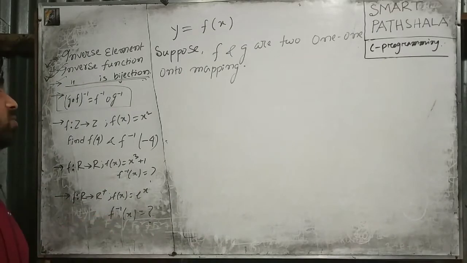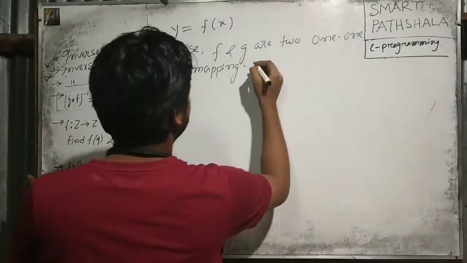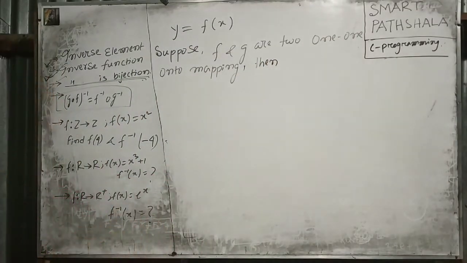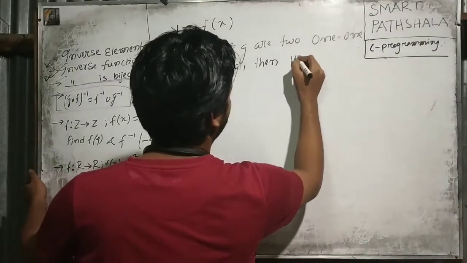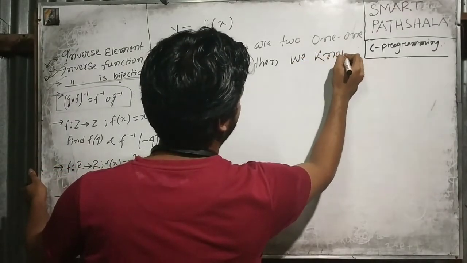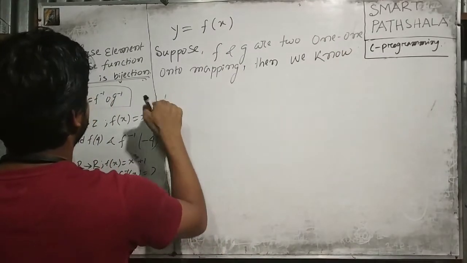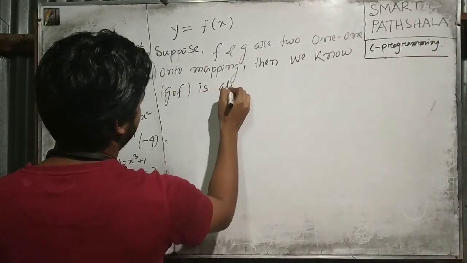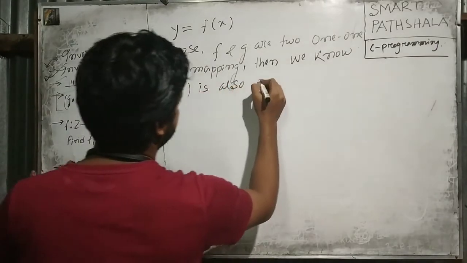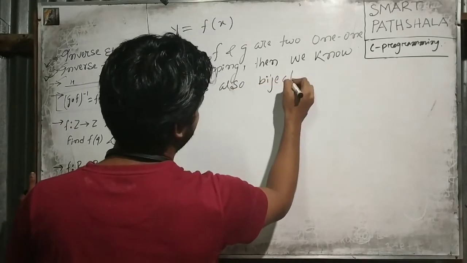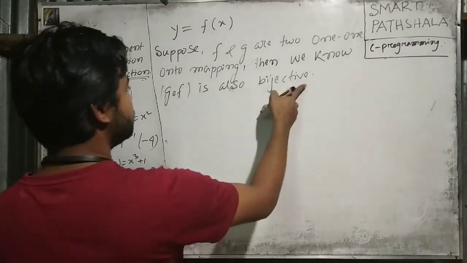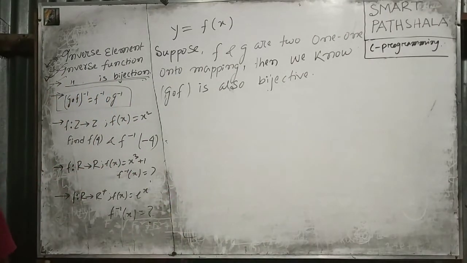Okay, fine. Then we know g of f is also bijective, or you can say one-one onto mapping. This thing we have studied from the properties of composite functions.